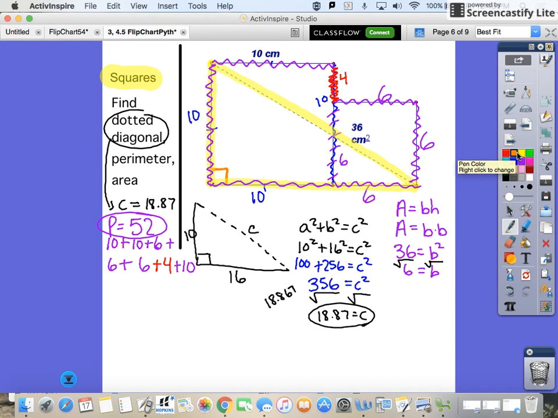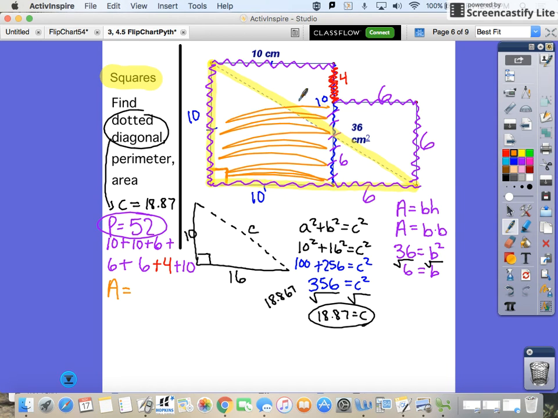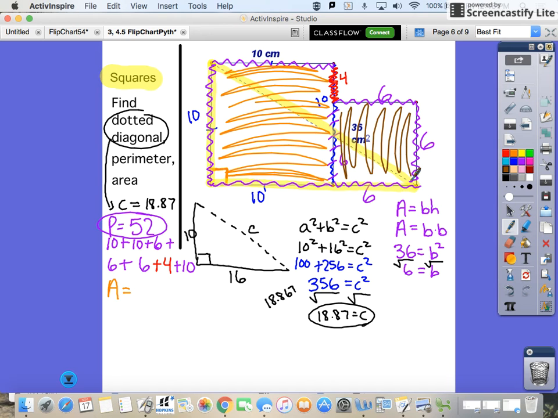And then last is finding the area. It seems like it'd be difficult, but it actually won't be so bad. Area is the area of the inside of this giant square, and then added to the area of this smaller square. Well, we know the area of this square is 36. It says 36 right there.